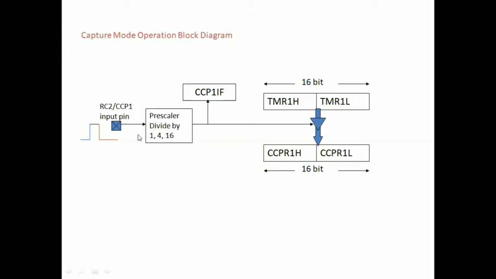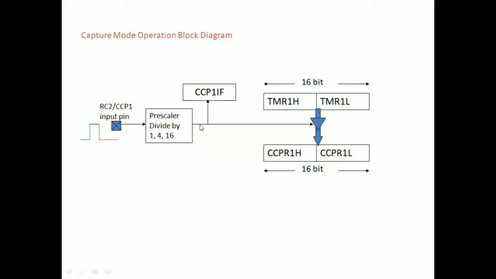When you are using this CCP module, you need to configure this RC2 pin as an input line. This pin is capable of detecting a rising edge signal as well as a falling edge signal. When the CCP module is configured to operate in the capture mode, it detects the rising edge or falling edge according to the mode selection bits.